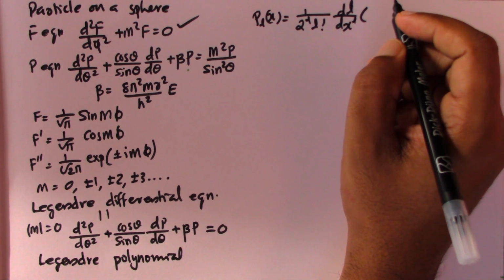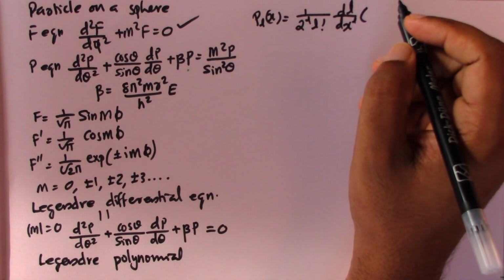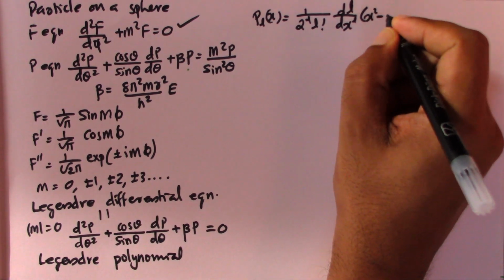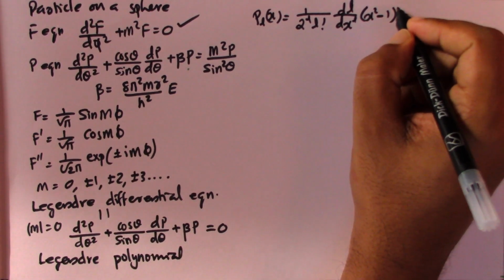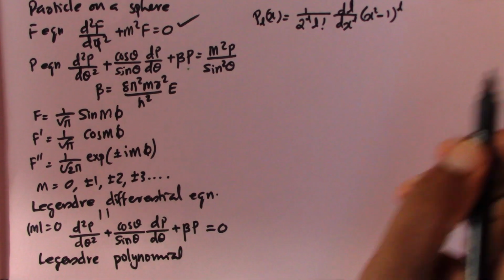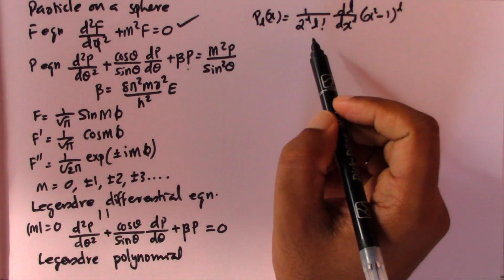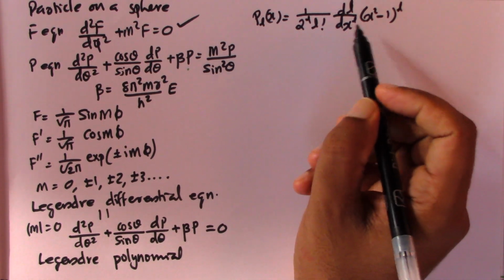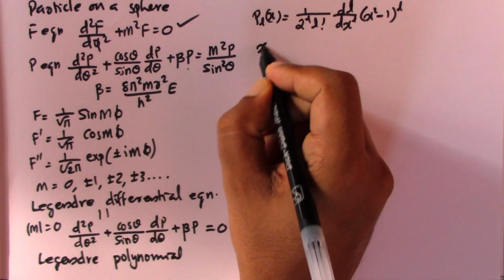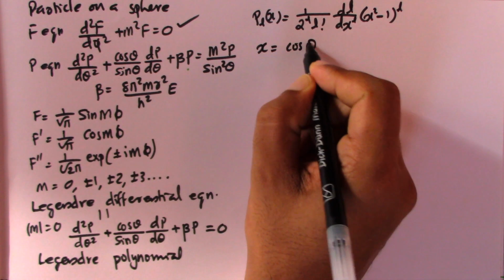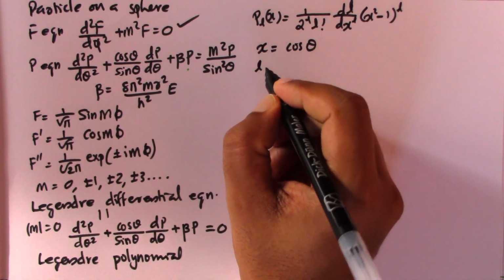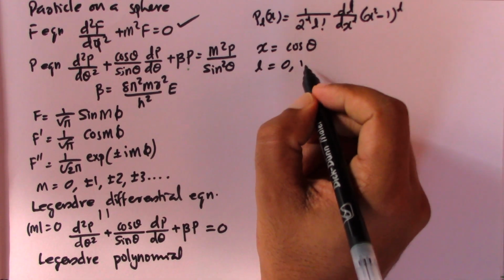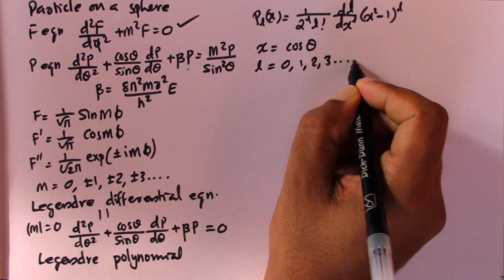And here you can note that we have introduced two terms, one is L and another one is x. x is nothing but cos theta, but L is a quantum number. It can have the value 0, 1, 2, 3, etc.